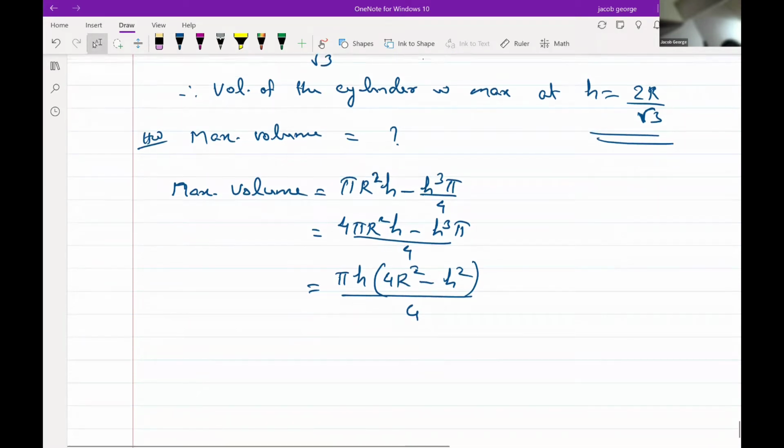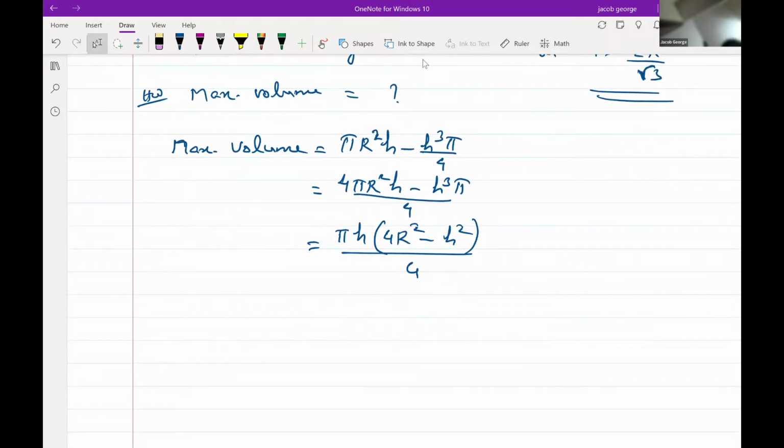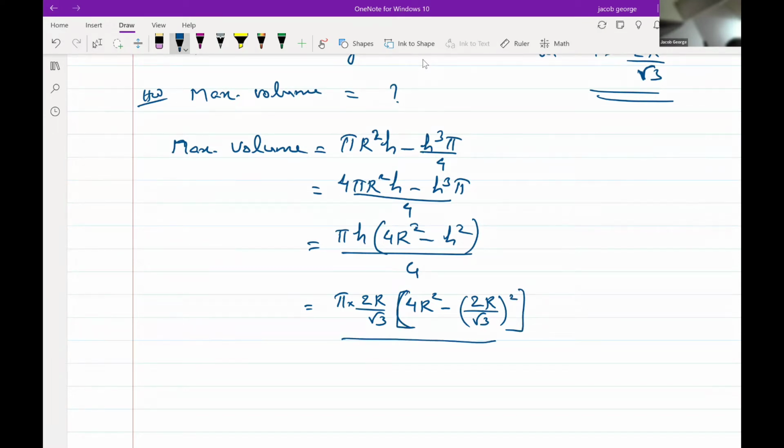So this is the continuation of last class sum. Then we substitute pi into h is 2r by root 3. Then inside the bracket 4r square minus h square means 2r by root 3, the whole square, we will close this bracket here, all divided by 4.